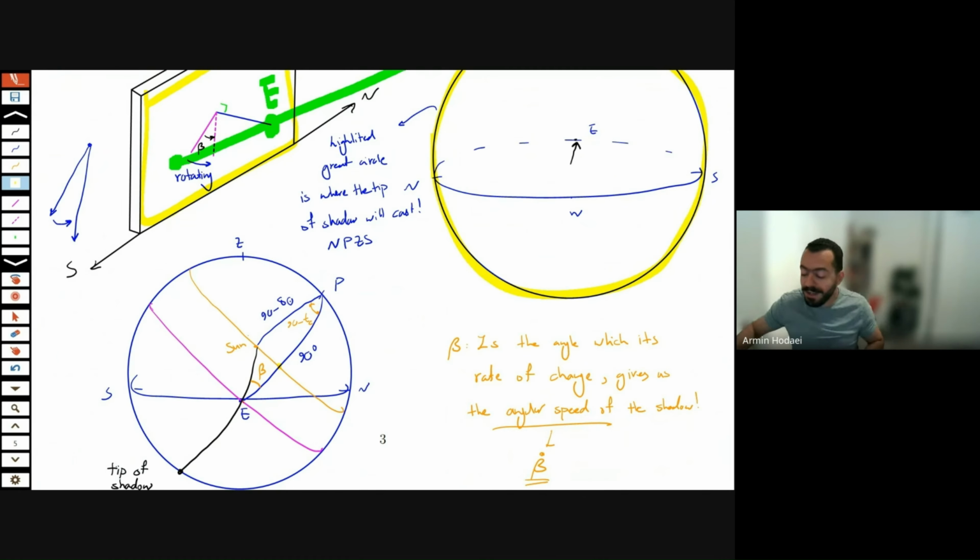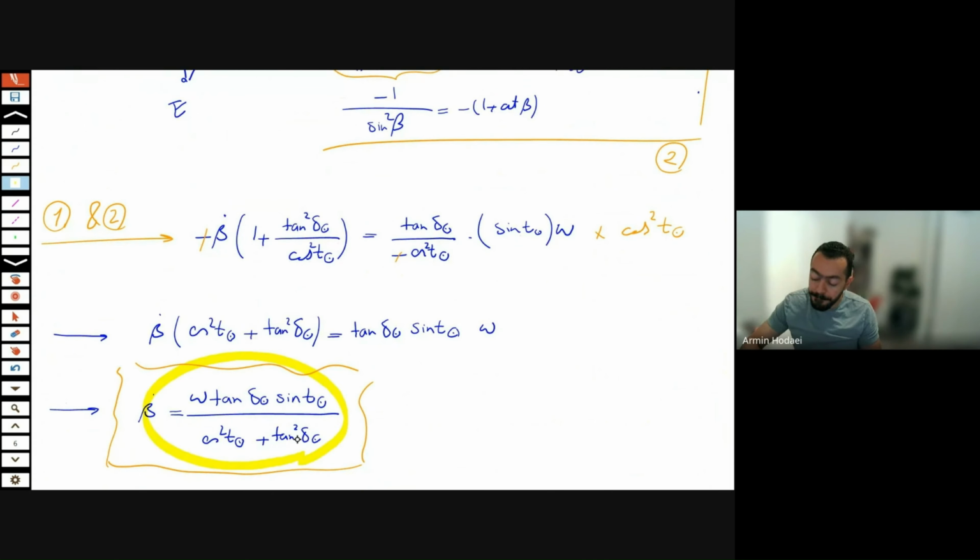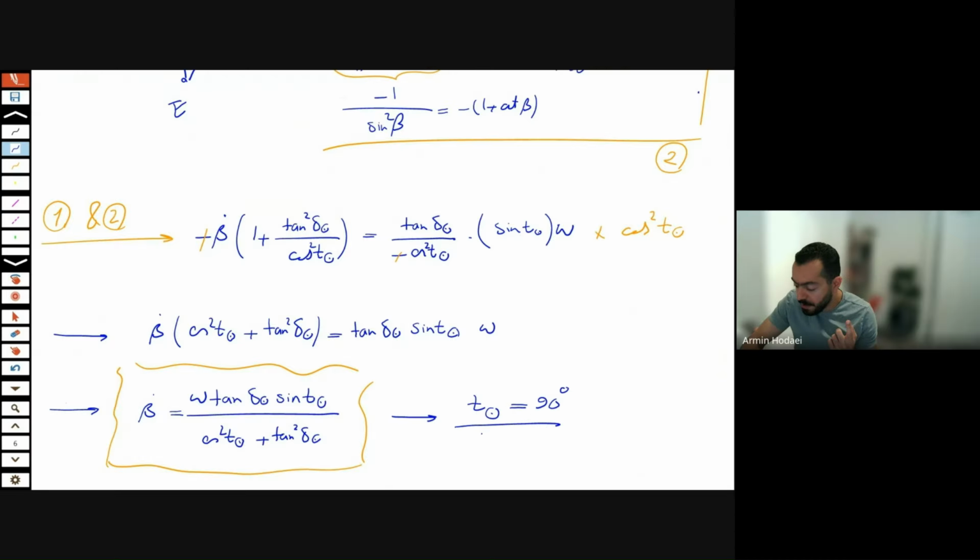I mean, if you don't believe me, you can take another derivative of this one, and at the end of the day, you're going to get to the point that t naught has to be equal to 90 degrees to have beta max. So you can also do that. You can do the algebra method as well.